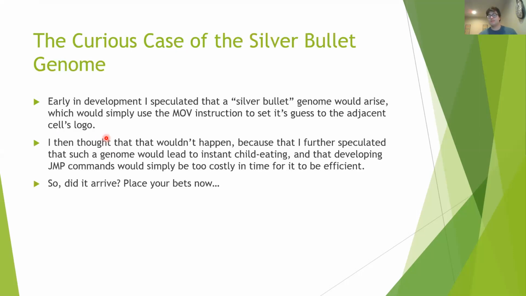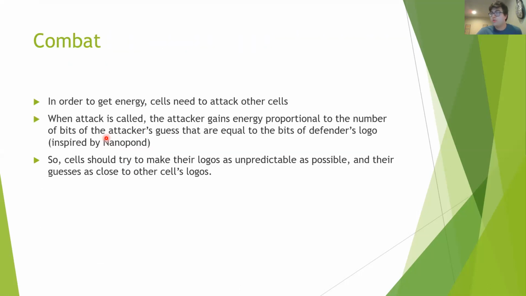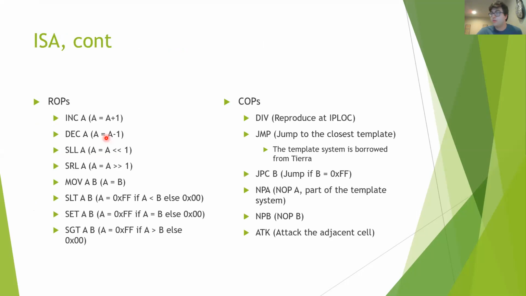All right, this is something interesting: the silver bullet genome. All the way back on my slide about the ISA, let me go back there. There it is, I went past it. There's a command which is move, right? It basically just says, I want to set this register to equal whatever this register equals.